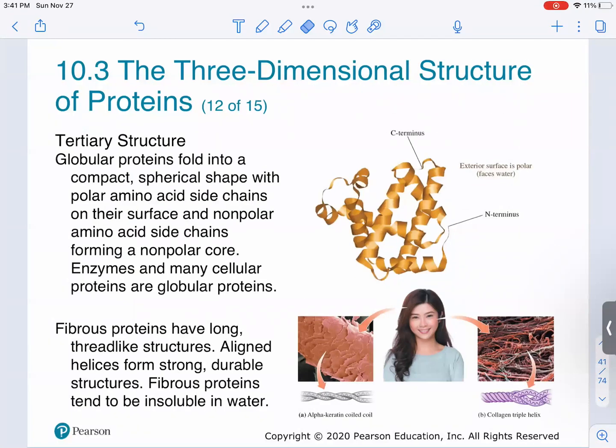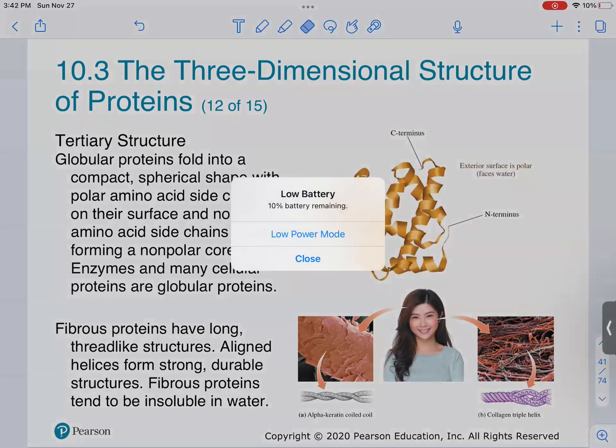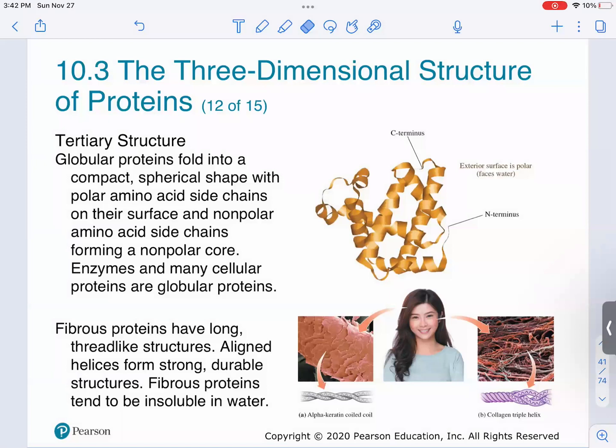Okay. So whenever we're talking about the three-dimensional structure of proteins, and we're talking about the tertiary structure, we know that we can have both globular proteins and fibrous proteins.